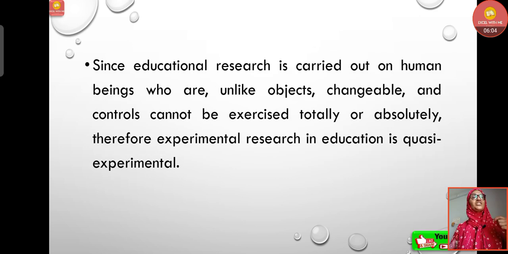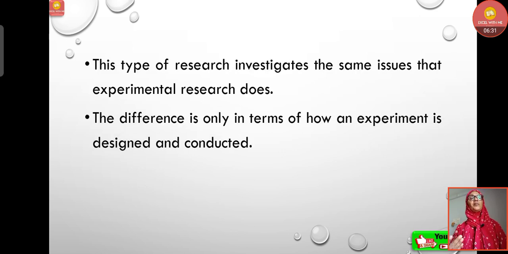Since educational research is carried out on human beings, who are unlike objects, changeable, and controls cannot be exercised totally or absolutely, therefore experimental research in education is quasi-experimental. We can see with chemicals and medicines that true experiments are done over there. Here in educational research, we take the quasi-experimental.